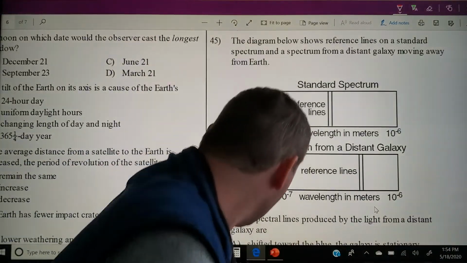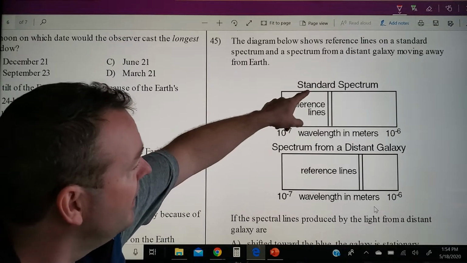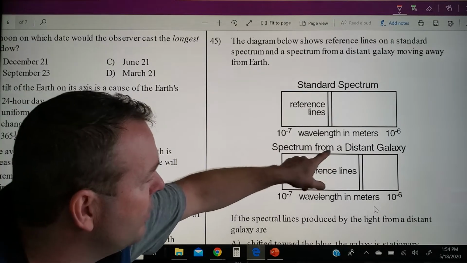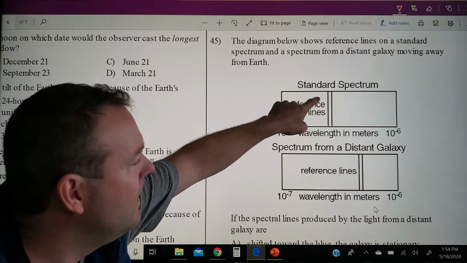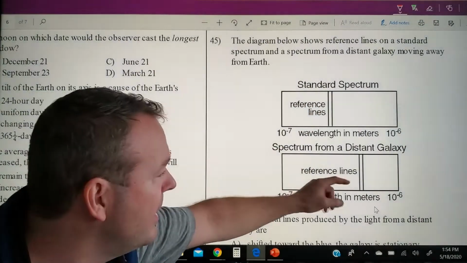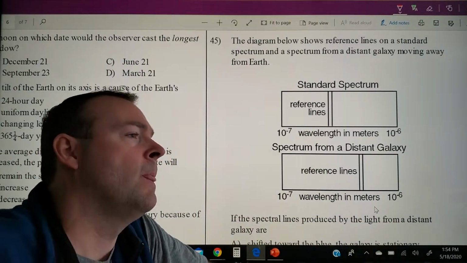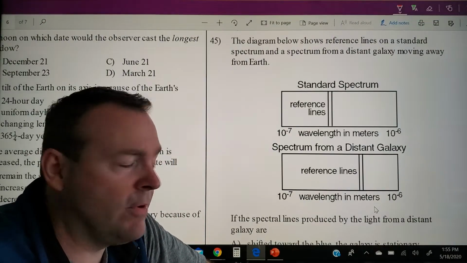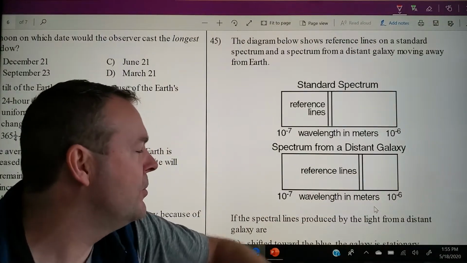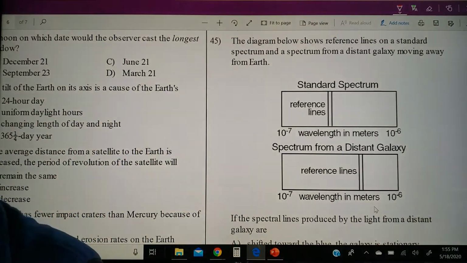Well, it says the reference means standard in a laboratory, and this, of course, is looking through a fancy telescope. So this is what it would look like if it's not moving. This is what it looks like through the fancy telescope, and it seems to be shifted towards 10 to the -6. Well, we're going to relate that to the reference tables, but if you're shifting that way toward the right, then you're increasing that wavelength there.